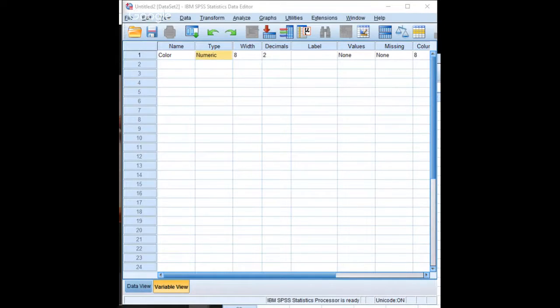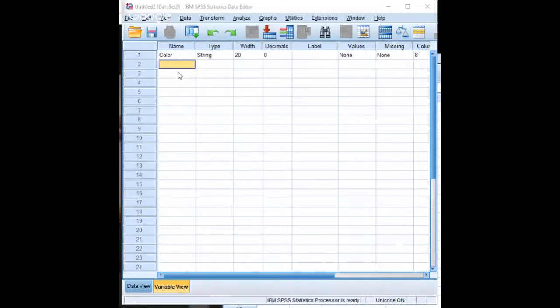It always does 20, right? It depends on how large your color is going to be. The largest color I think we have is yellow. So it would be like 7 or something. But it doesn't matter, I don't think. Color and then count? Yes. And then we're going to do 0 decimals on that.